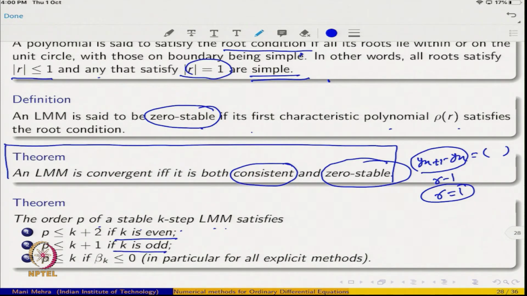Moreover, p will be less than or equal to k if beta_k is less than or equal to 0, in particular for all explicit methods, because in an explicit method beta_k is 0, as we have already seen. So this theorem says there is a relationship between the order of the method and the step of the method. It is not that with a k-step method you can get any desired order. No, because this theorem limits that.